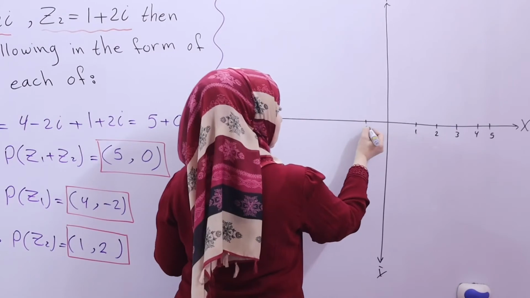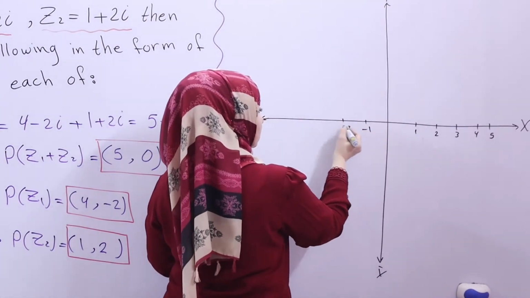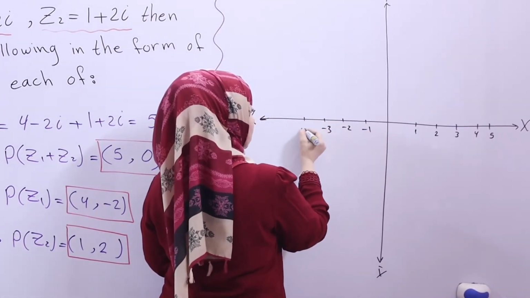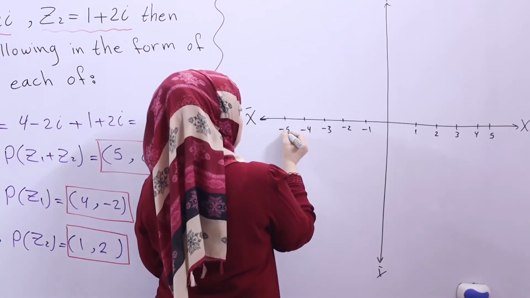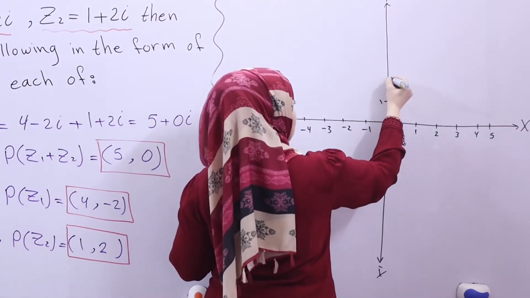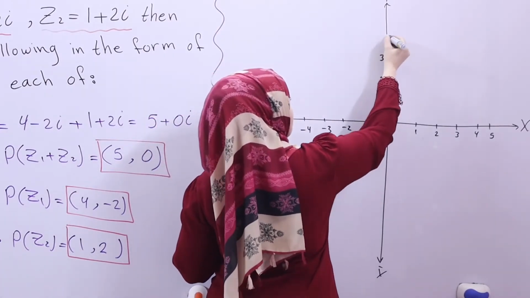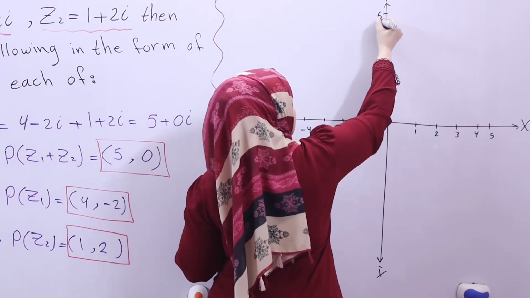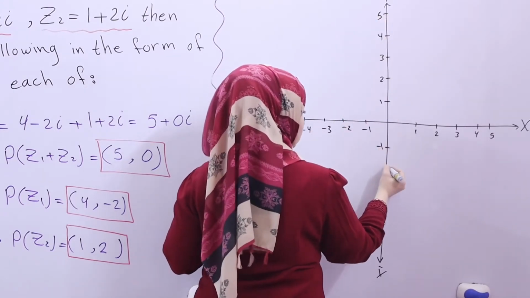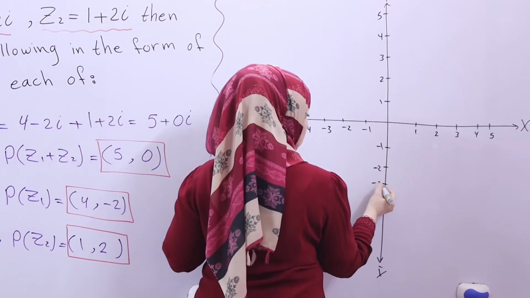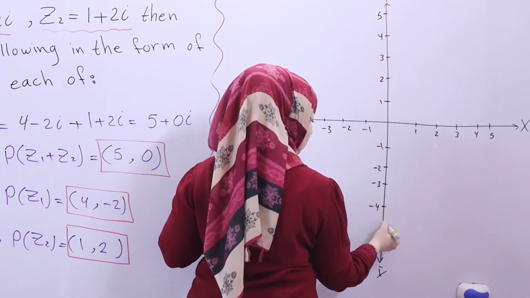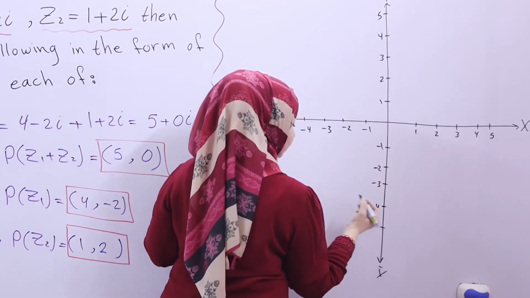And here we have negative 1, negative 2, negative 3, negative 4, negative 5. Here we have 1, 2, 3, 4, 5. And here negative 1, negative 2, negative 3, negative 4, negative 5.